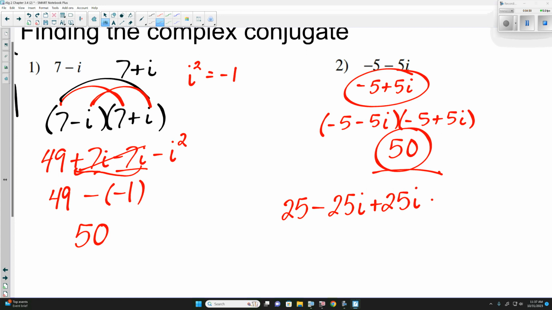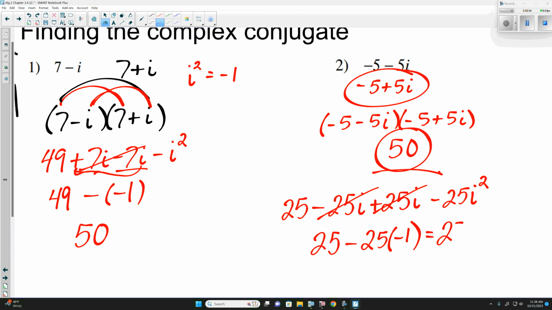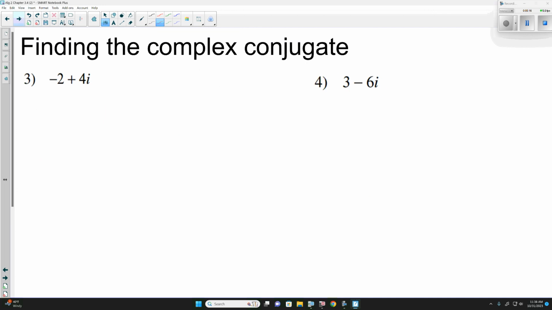And negative 5i times 5i is negative 25i squared. Well, the two middle terms cancel. We still have our 25 minus 25 times negative 1, which would be 25 plus 25, which is indeed 50. Also, the graphing calculator will multiply them for us.